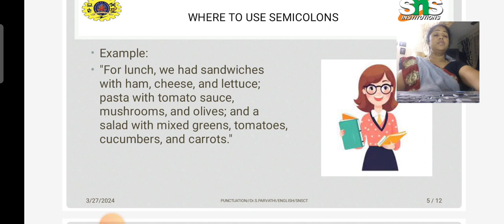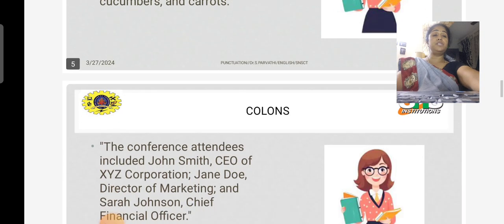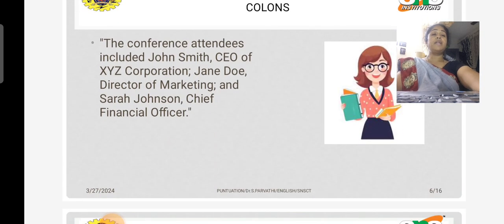So here we have used semicolons in two places, where we introduce sandwiches with ham, cheese and lettuce, and the other one, pasta with tomato sauce, mushrooms and olives, right? So these are the places where we have used semicolons.